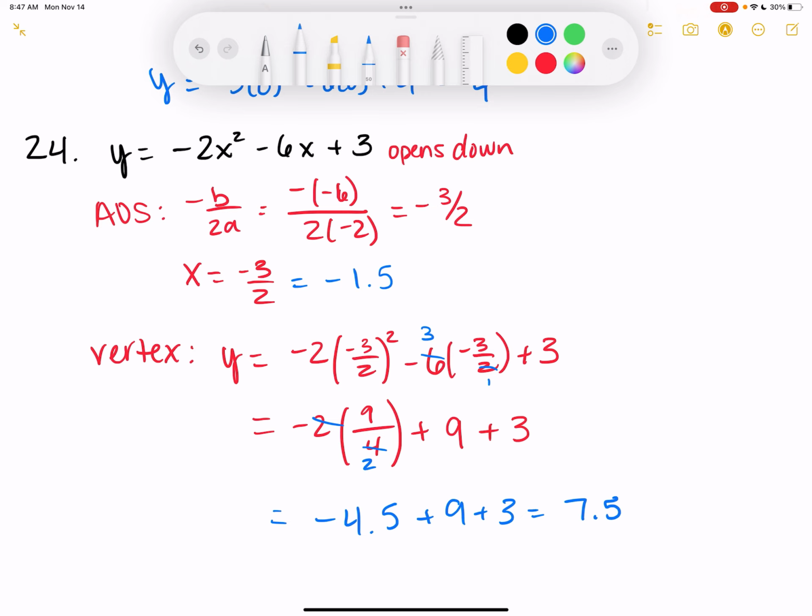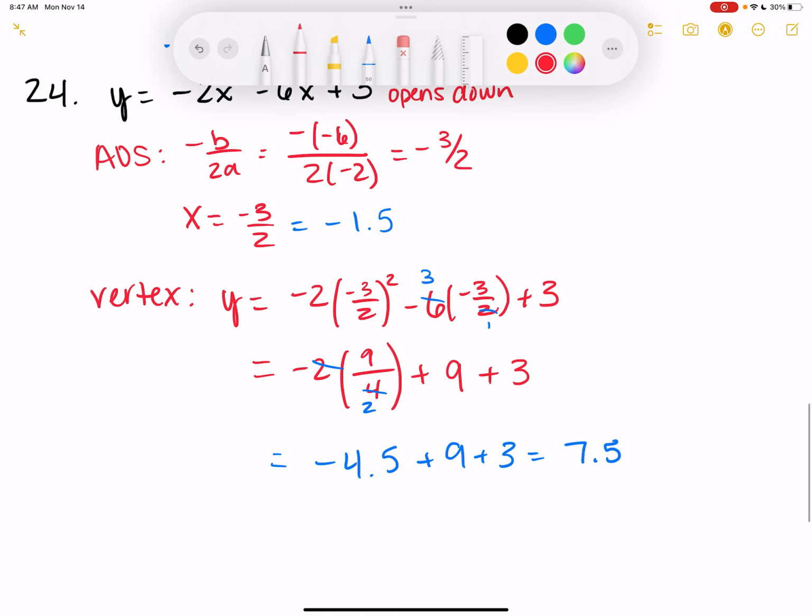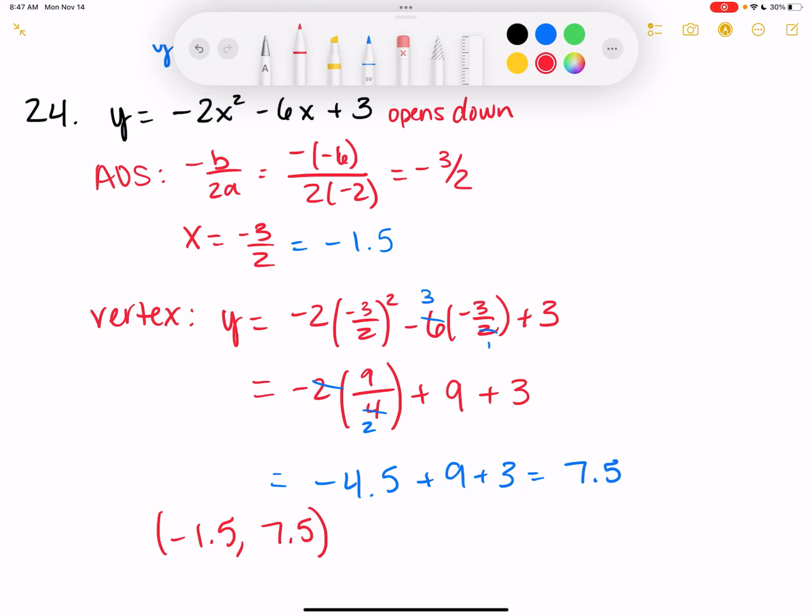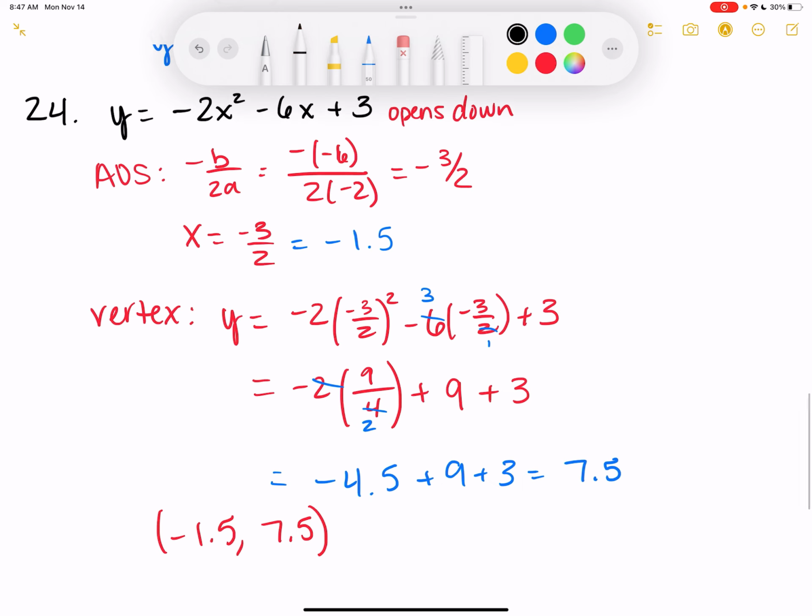So my vertex is actually where? At negative 1.5 and 7.5. And we said it opens down. Let's see, no. Right over here.